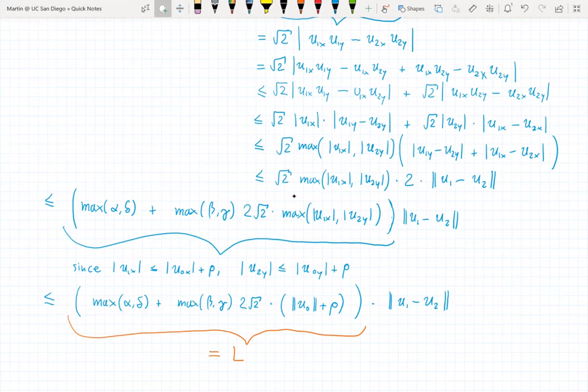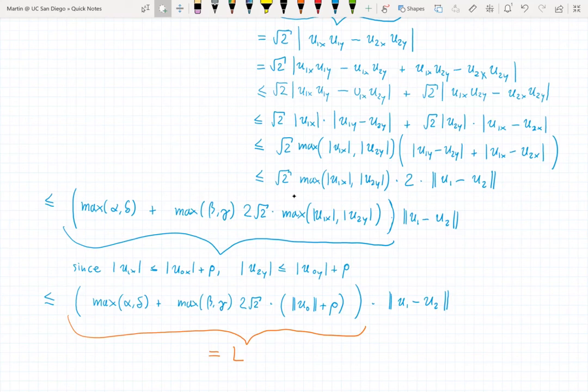Here in the middle, I've added the term u1x u2y, and I've subtracted the term u1x u2y. That does not change the absolute value, but now I can apply the triangle inequality.